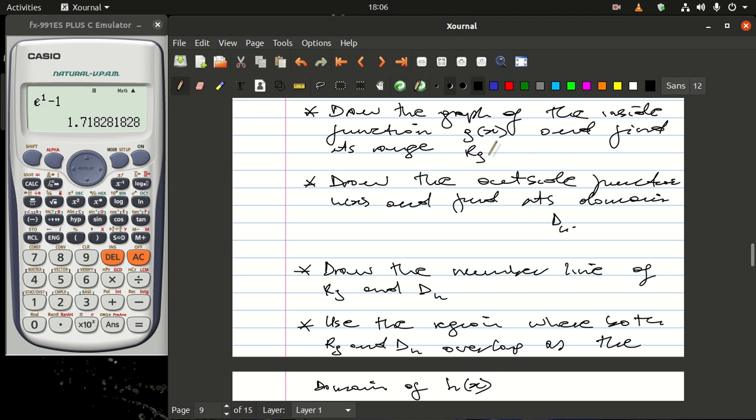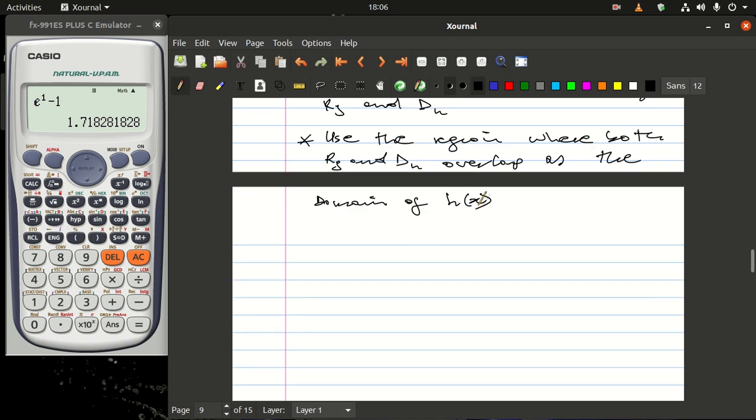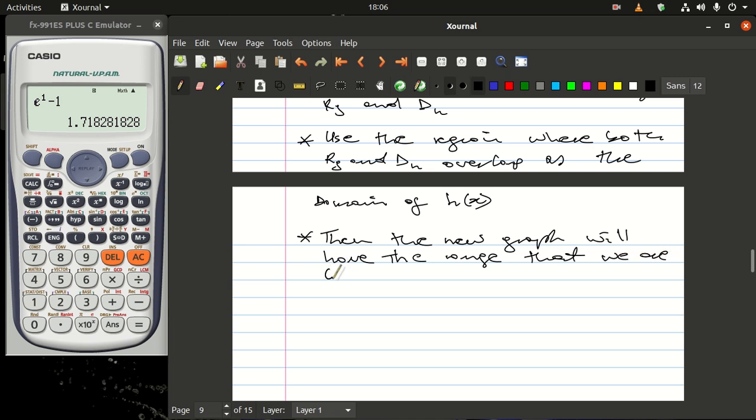So once we get the range of g and the domain of h, we just draw a number line with both of them. Where these two intersect, we take it as the domain of h of x and erase everything that is not part of the domain. Then the new graph will have the range that we are looking for.